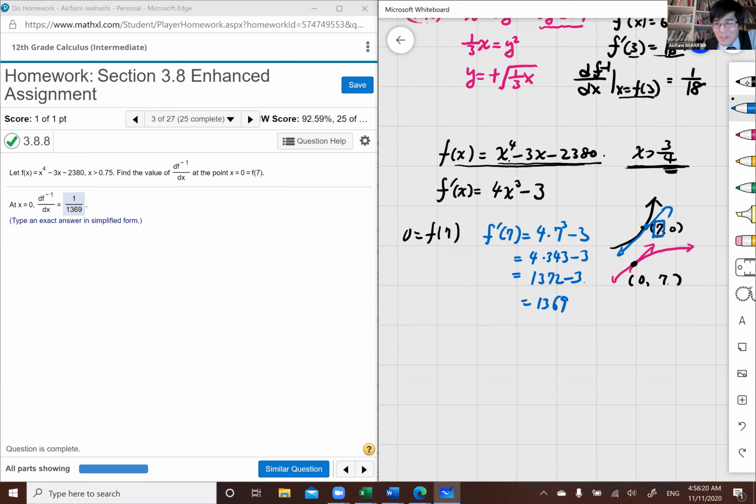Once you find that the slope of this blue line at x equals 7 is 1369, then the slope of the counterpart, the inverse function, the slope of this red line, must be the reciprocal of this. So that's why the answer is that the slope at this point is 1/1369. Okay.